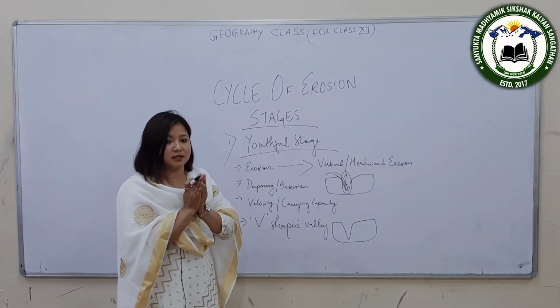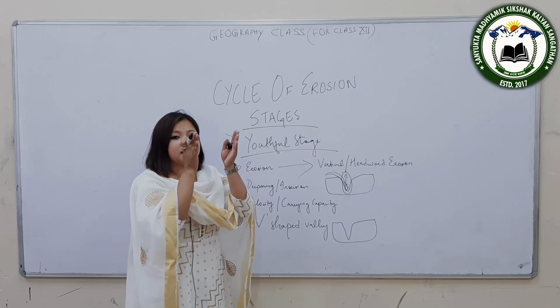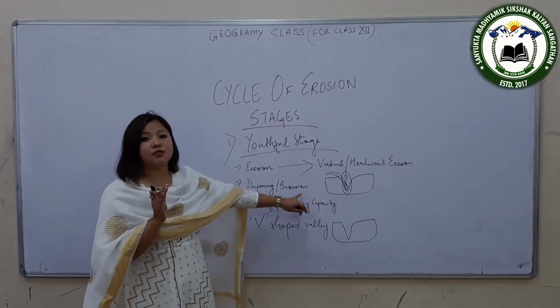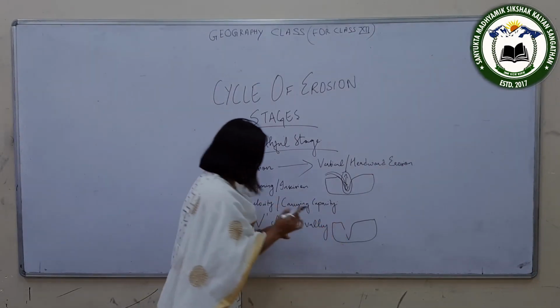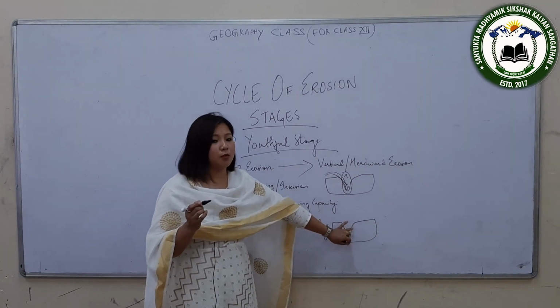So with the deepening and incision of valley, what happens? There is the narrowing down of the valley. So when there is narrowing down of valley, what happens? The gradient or the slope has been increased.